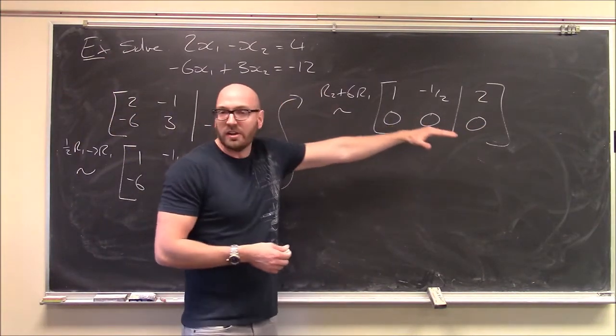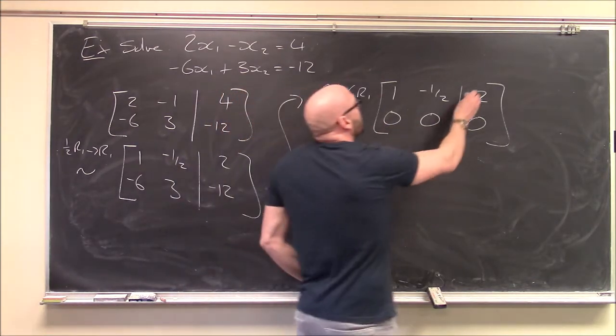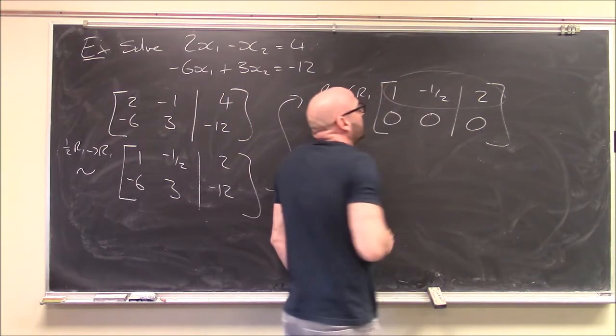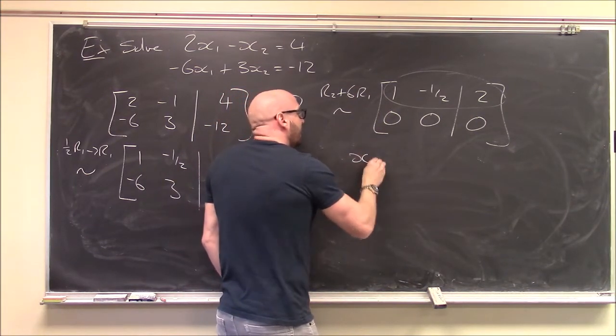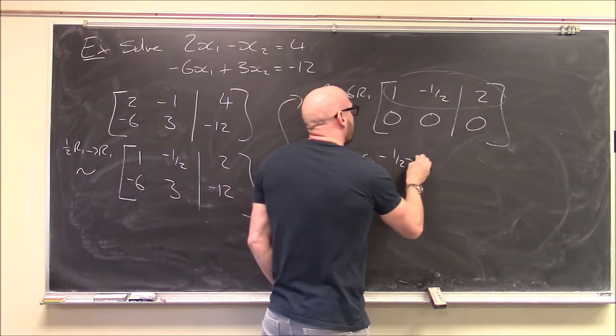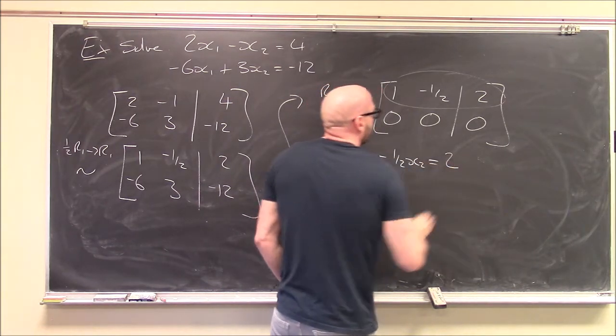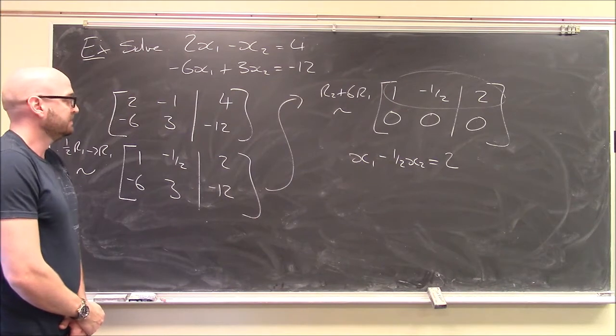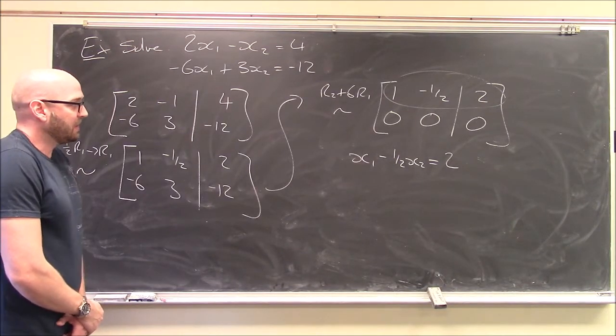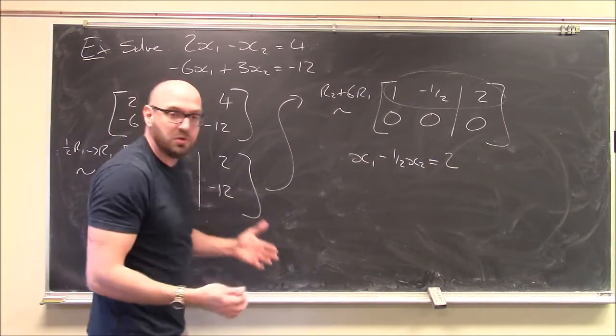These are two parallel lines. So all I have is this equation. My underlying equation that I'm left with is x1 minus 1/2 x2 equals 2. Well, what does this mean? This means I have infinitely many solutions, and I just have to choose a parameter.